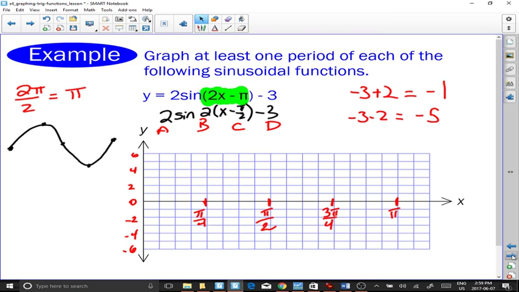And usually, if there's no phase shift, this would be the beginning, this would be the end, so this would be 1 whole pi. This halfway point will be the pi over 2. This will be pi over 4. And this will be 3 pi over 4.